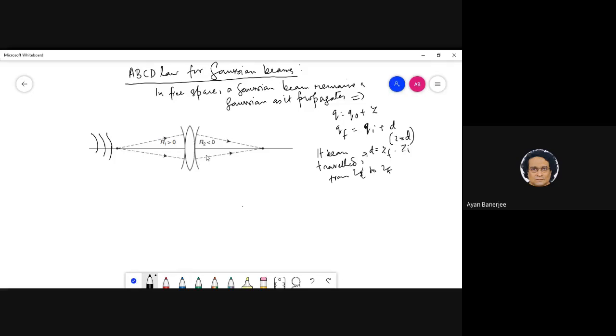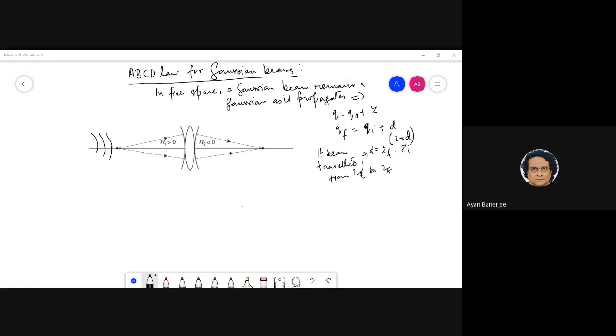It changes the focal spot size, and it also changes the radius of curvature. The radius of curvature of the incident beam is getting somewhat changed because of the interaction with the lens.